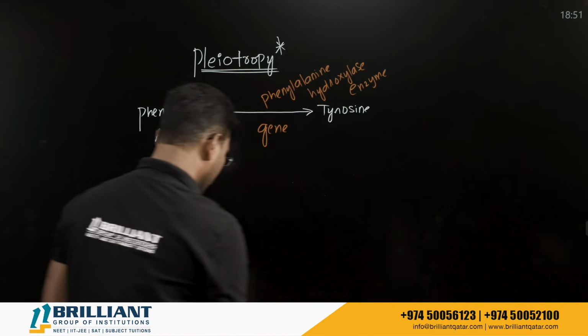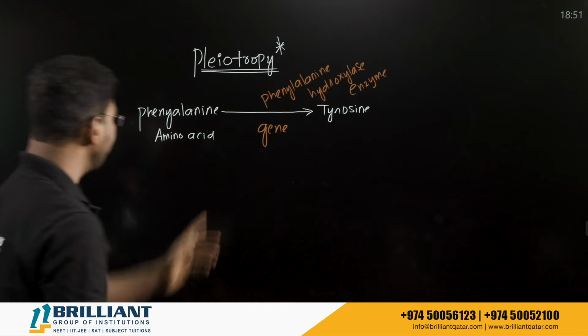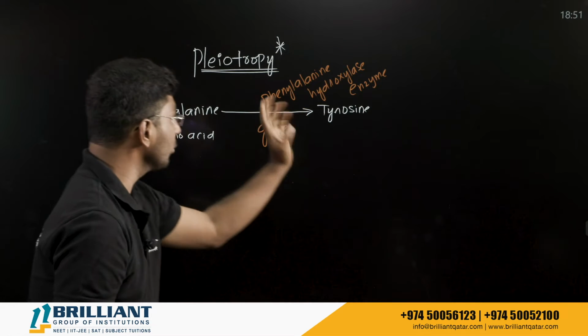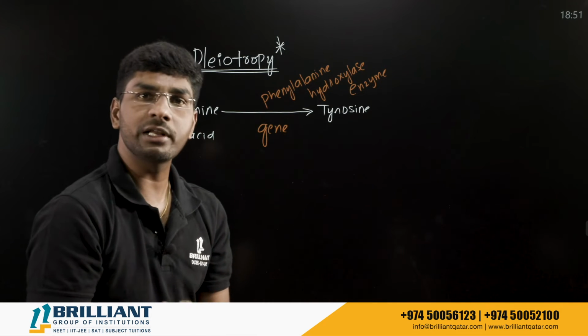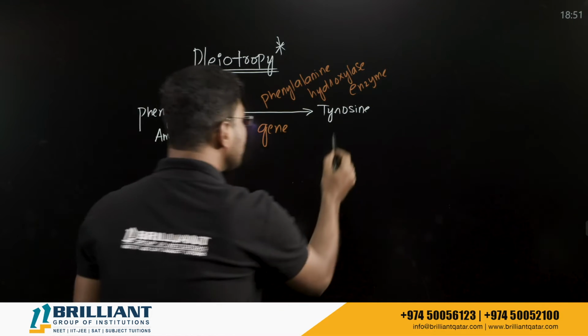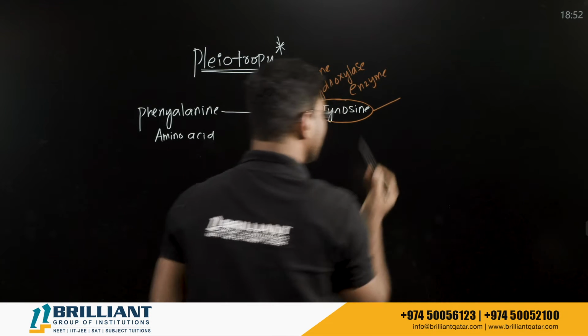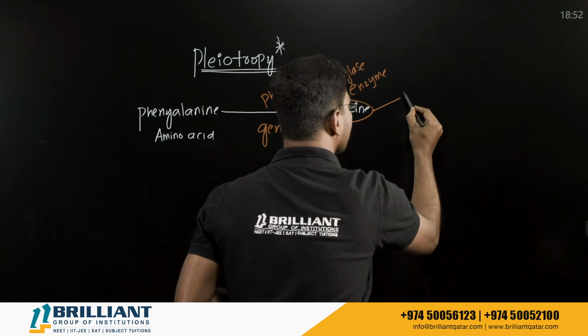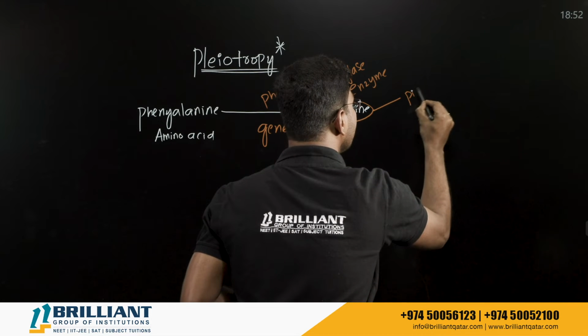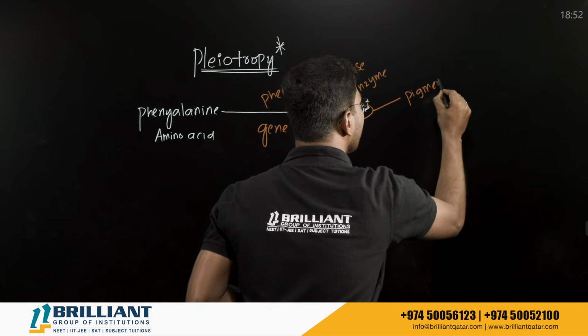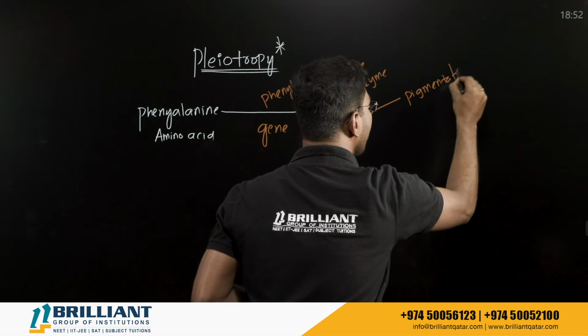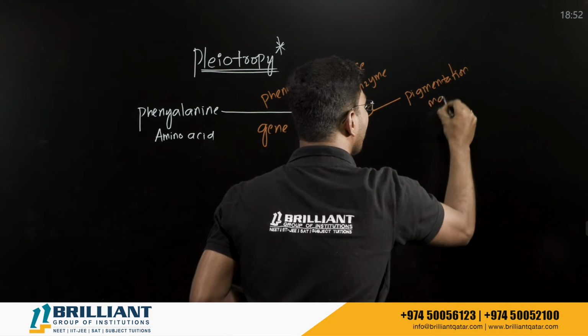Look here. So far, what have we discussed? Phenylalanine converts into tyrosine under the influence of phenylalanine hydroxylase enzyme. This tyrosine amino acid is essential for what? Number 1, pigmentation; I can also write melanin production.